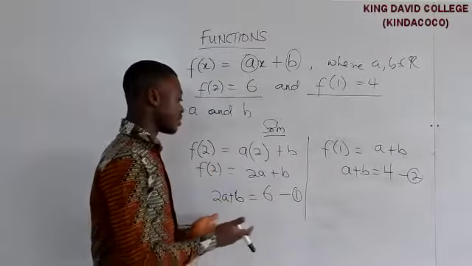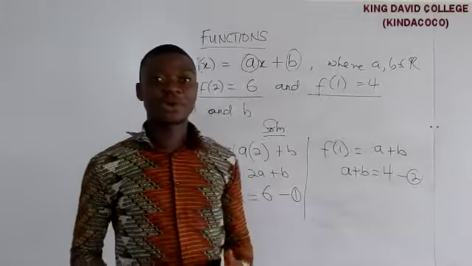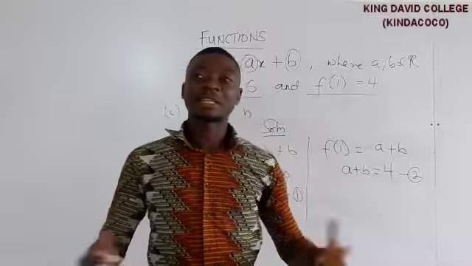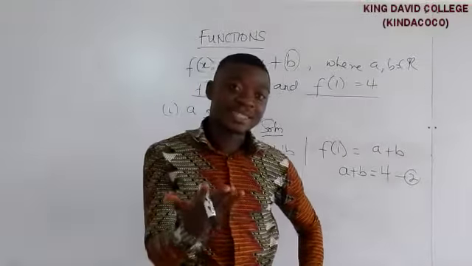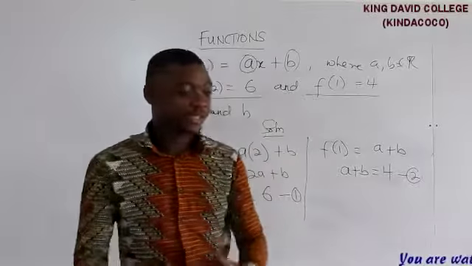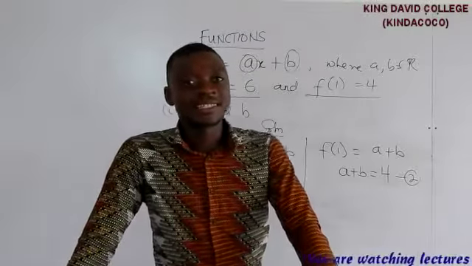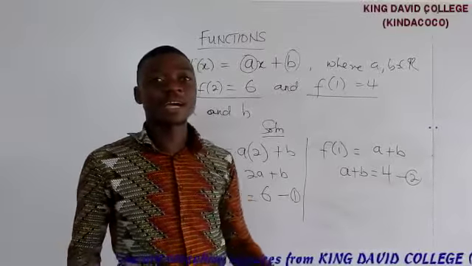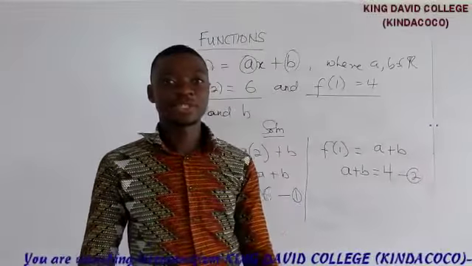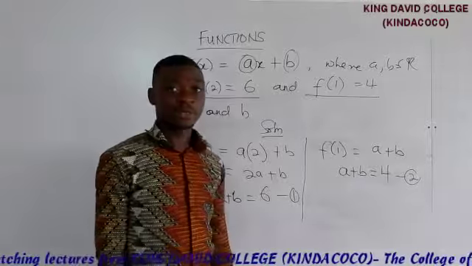Substitution, we normally advise when the expressions in the equations given to you are not linear. But when they are linear, it's cheaper to go by elimination. Either way, it will work.